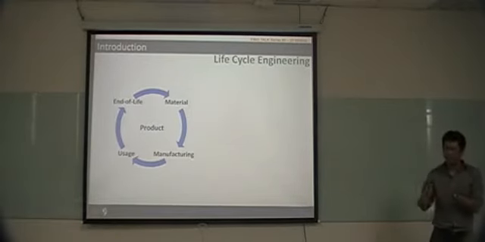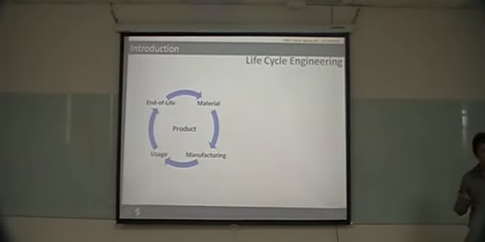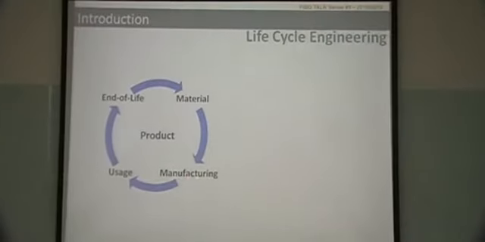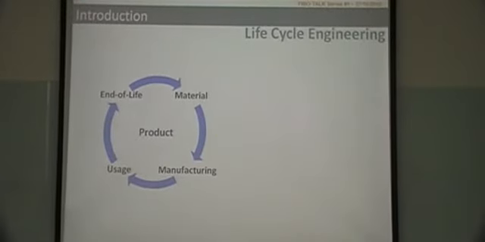That manufacturing process normally happens in industry, for example. And after the product has been manufactured, it will ship out to the suppliers and then go to the customer or consumer. Over here, we talk about the usage phase, where the consumer uses these products.